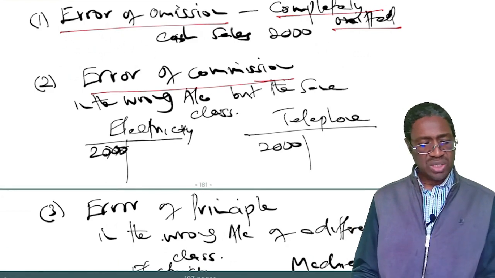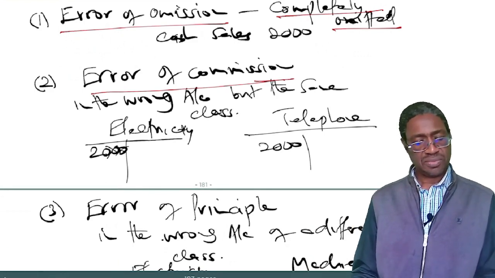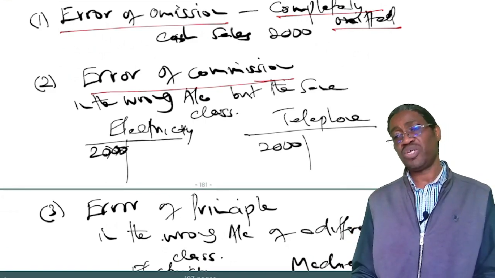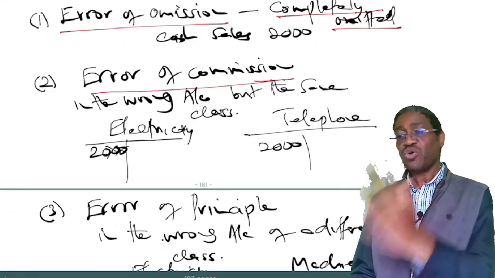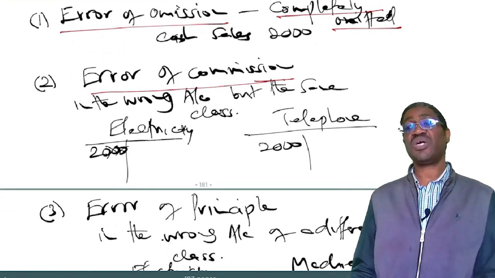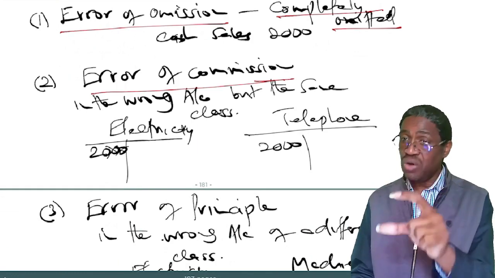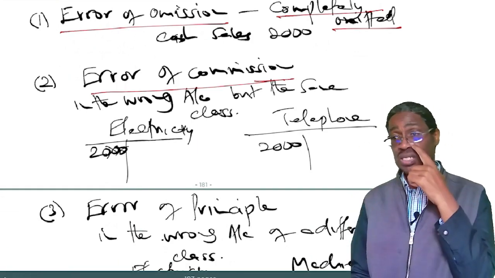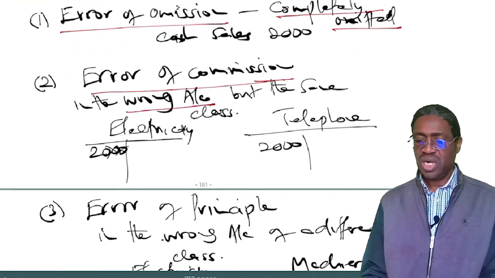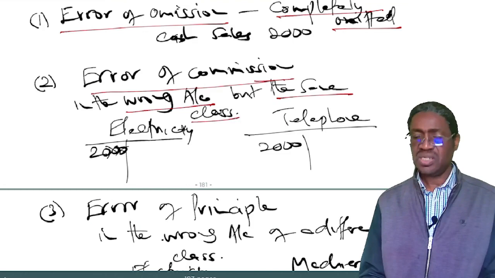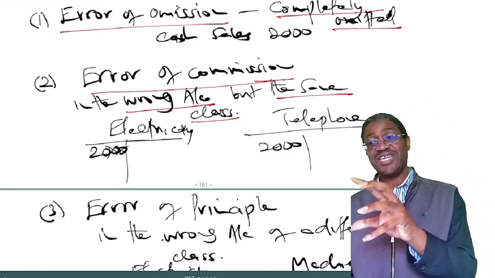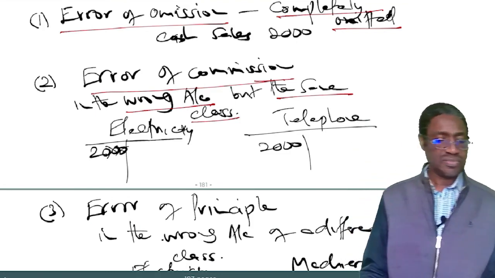In a wrong account but of the same class. So you're underlining the words wrong account and also the same class.